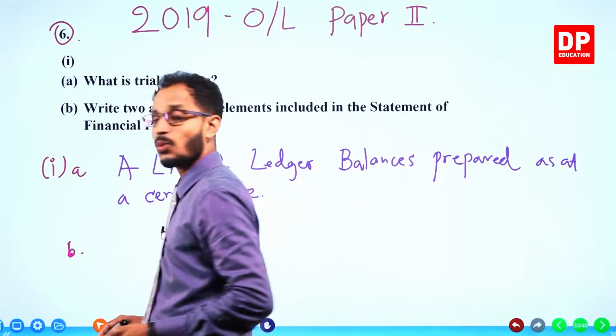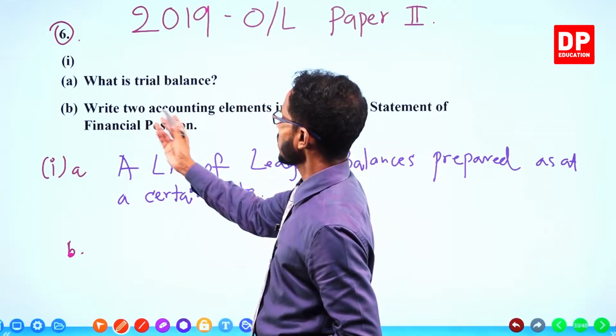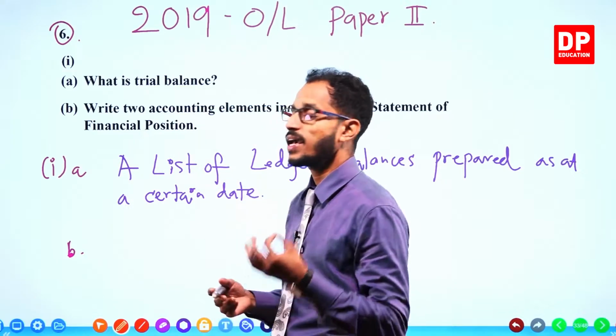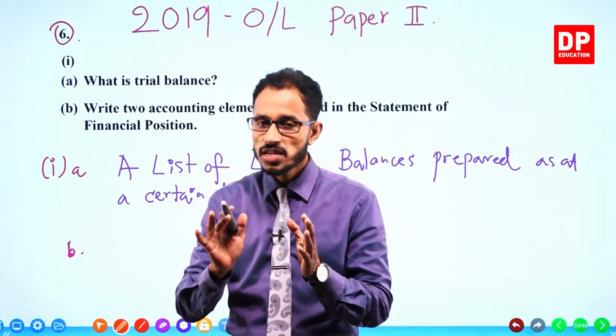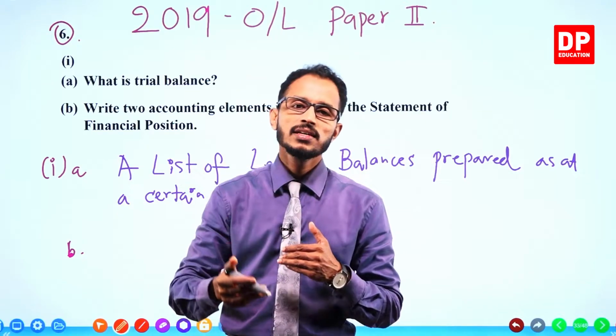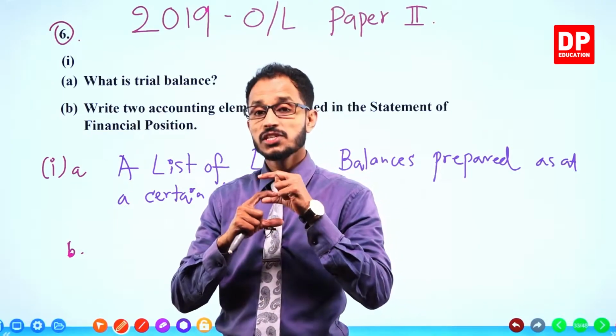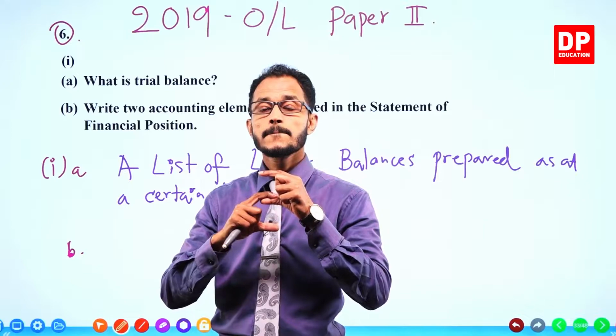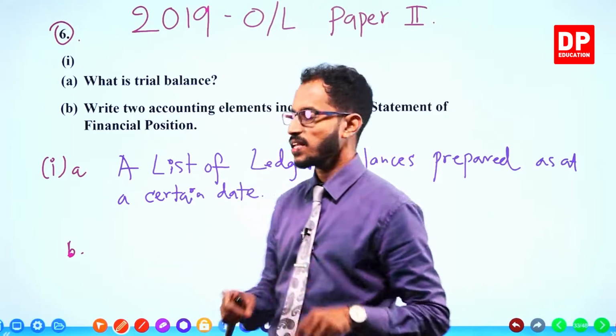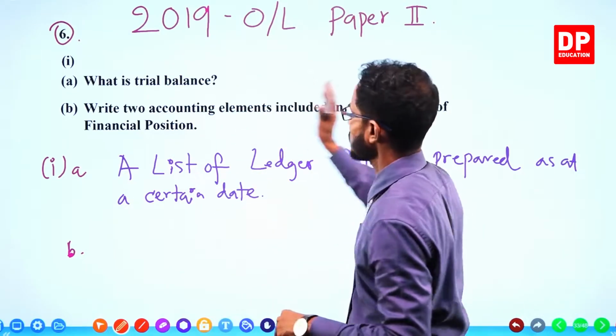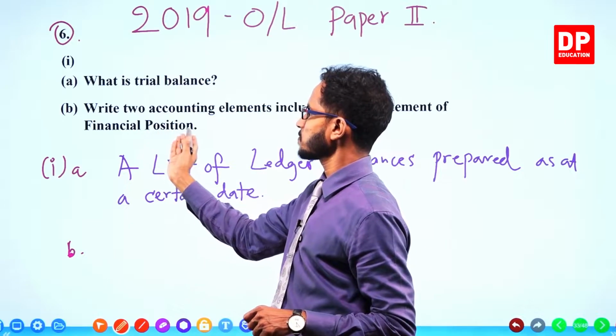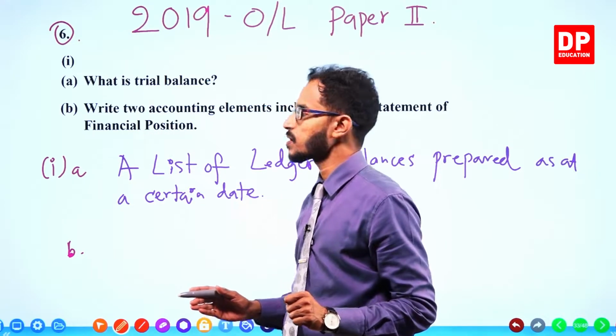That is a simple question. Write two accounting elements, the elements that are used when preparing the statement of financial position. What are the elements?